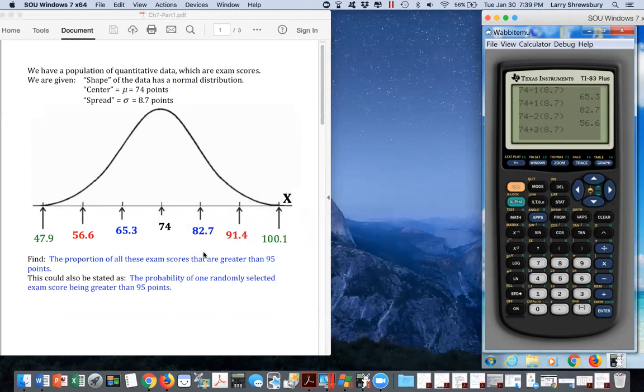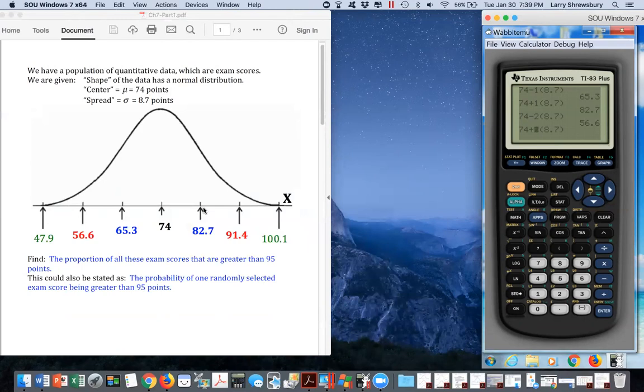Now, I was speaking in terms of proportion of the population being in this interval. Well, it turns out you can also state that as a probability. And that's what you're going to get practice with this whole week, interpreting the area as a probability. The idea is this.